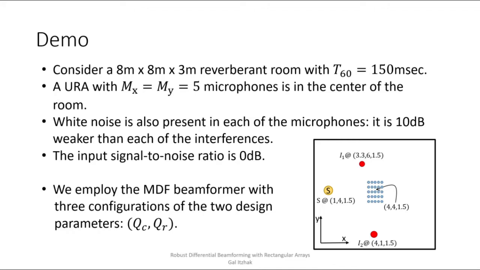And additionally, we have two equally powerful directional interferences, which are marked in red, as well as uncorrelated white noise, which naturally exists in the microphones and is 10 dB weaker than each of the directional interferences, so that the input signal to noise ratio with respect to the reference microphone right here is exactly 0 dB. And we employ the maximum directivity factor beamformer with 3 configurations of the two design parameters, which are denoted respectively by QC and QR.